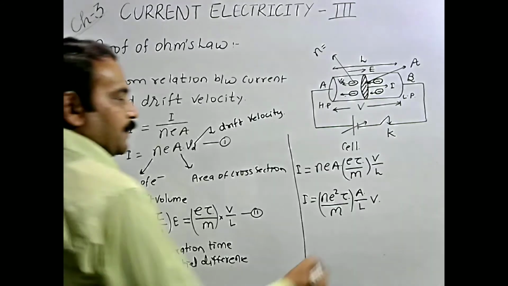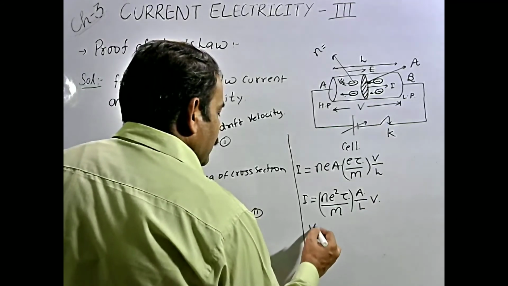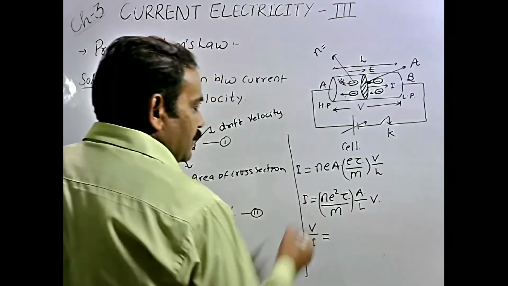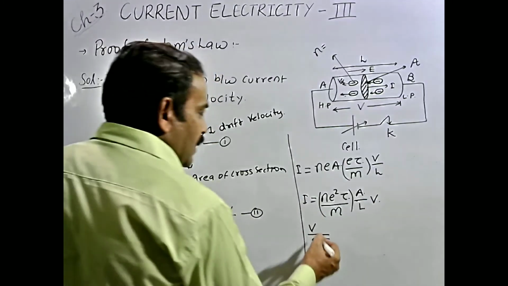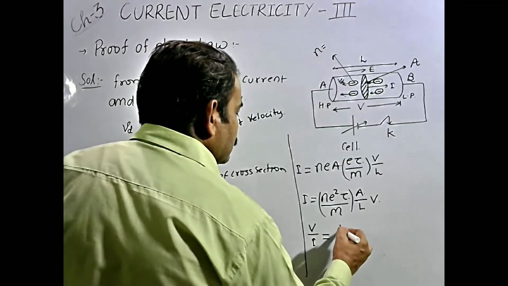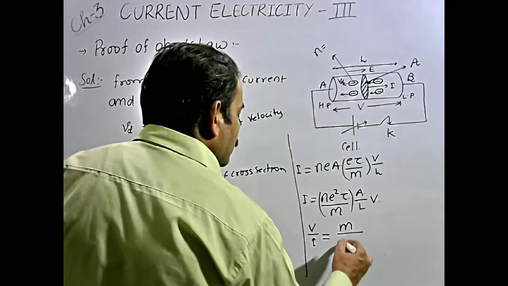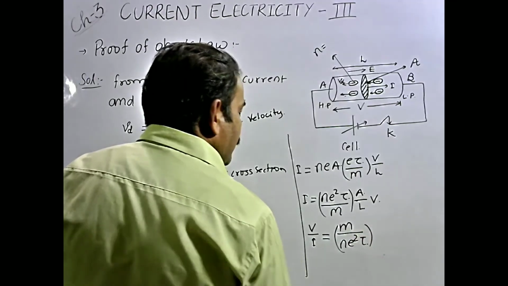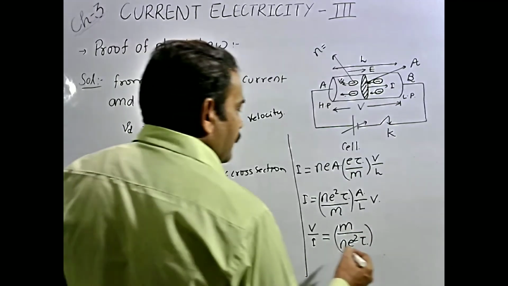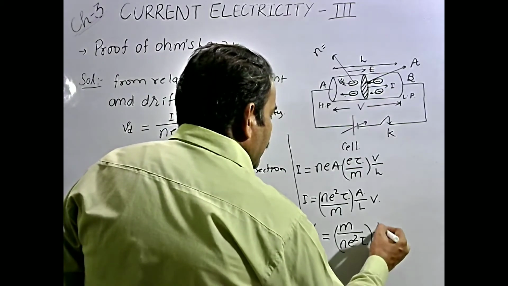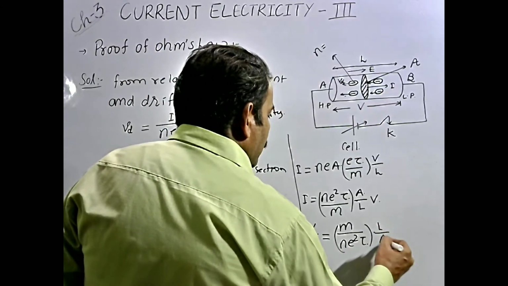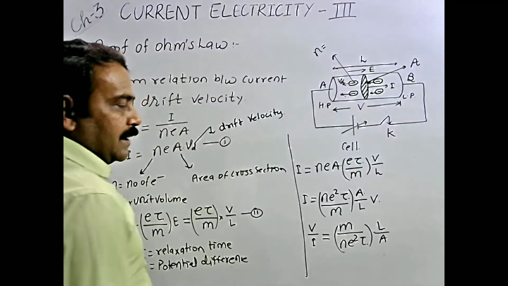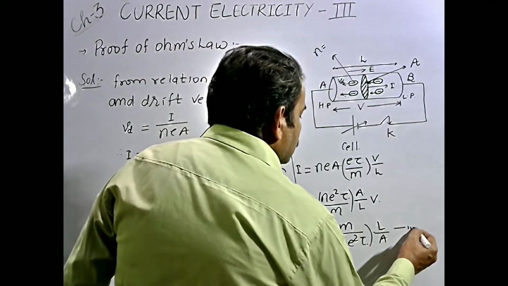So rearrange this term. V upon I is equal to m upon n e square tau into L upon A. Okay, this is the third equation.